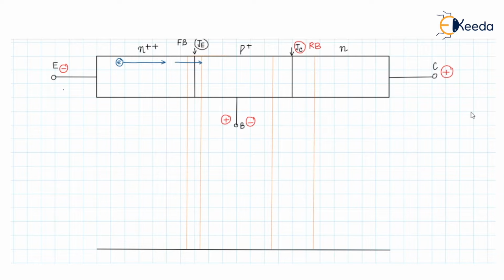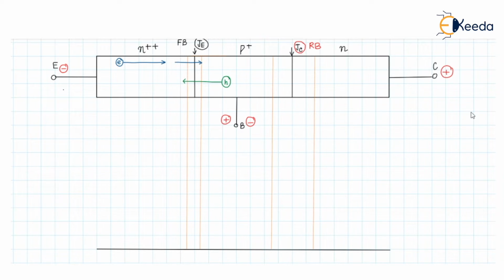Similarly, in the P plus region, the base, the majority carriers are holes. Since the JE junction is forward biased, these holes will cross the JE junction and come into the emitter region. So these are the majority carriers that flow across the JE junction.